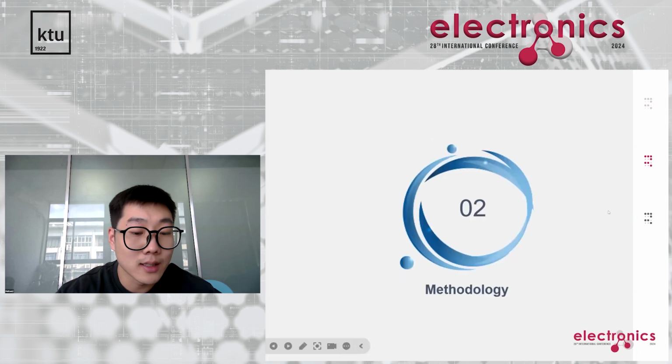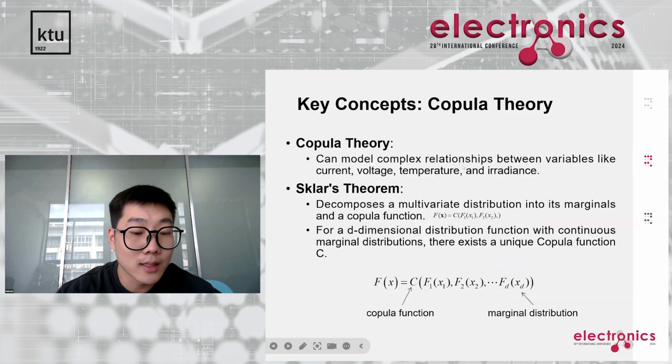Before we move on, let's quickly go over the key ideas behind the copula theory and why it matters in our method. Copula theory helps us model how different variables depend on each other while keeping their individual behaviors separate.